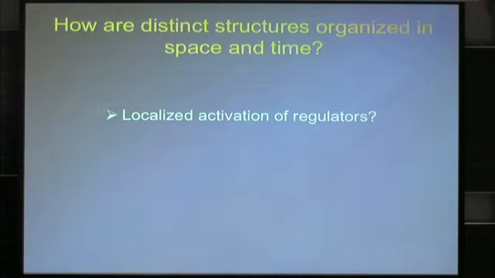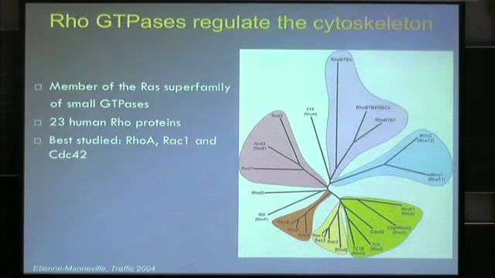So what is the key component for this localized generation or organization of those structures? Obviously, we are interested in how the regulators of those structures are organized in space and time, and if localized activities are critical for the final shape establishment, for example.